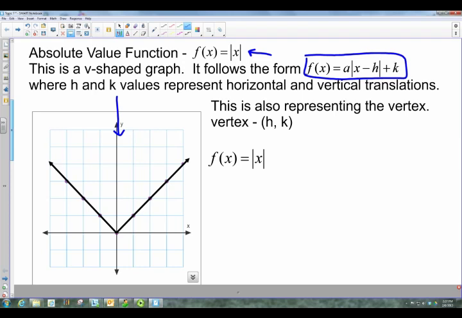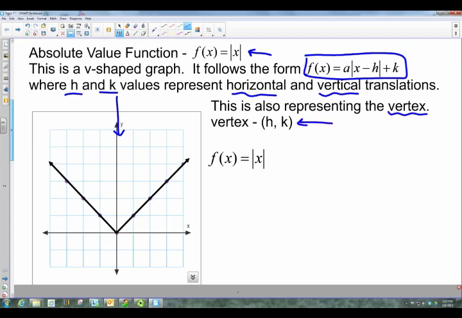Now you saw a little bit of this when we did quadratics. The h and the k were important values. Okay, the h and the k move things horizontally and vertically. And it's the same thing here. Okay, the h moves things left and right, the k moves the graph up and down. And in the form of absolute value, we also have a vertex, and that vertex is found at the point (h, k).